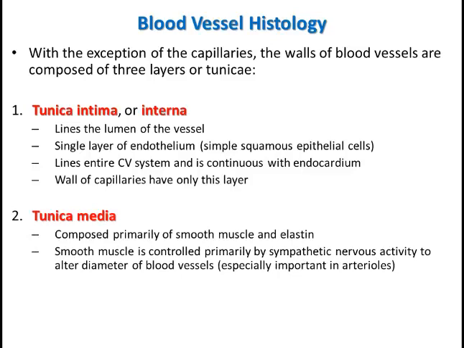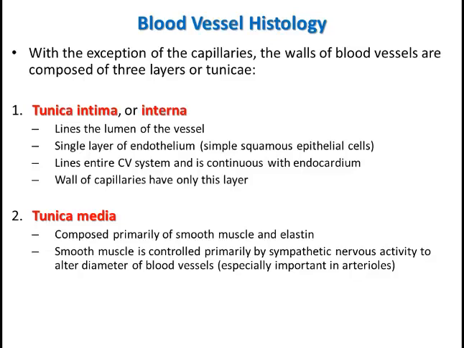Moving from the lumen towards the outside of the vessel, the next layer is the tunica media, which is composed primarily of smooth muscle and elastin. It has the ability to contract or relax the smooth muscle, which will change the diameter of the vessel itself, and that's controlled primarily by sympathetic nervous activity.